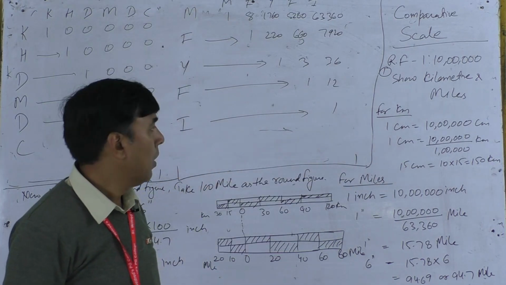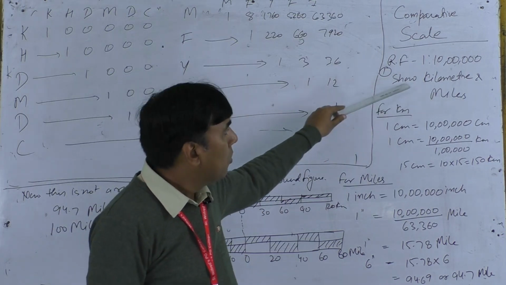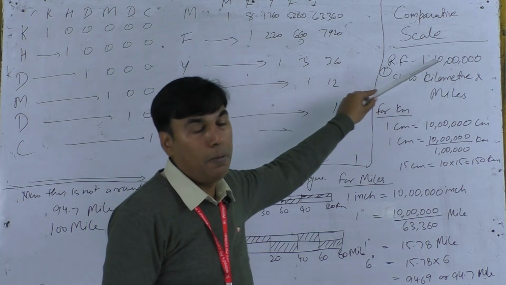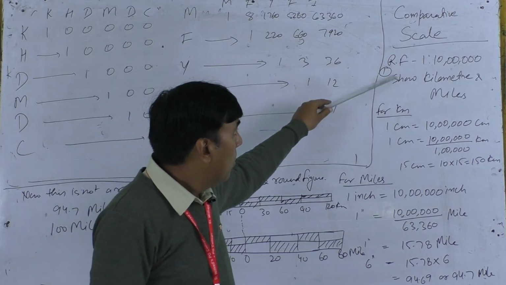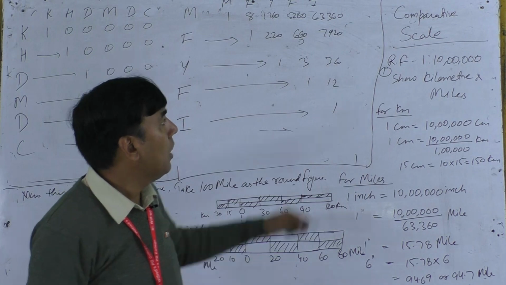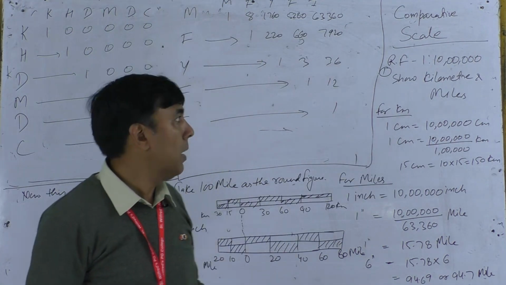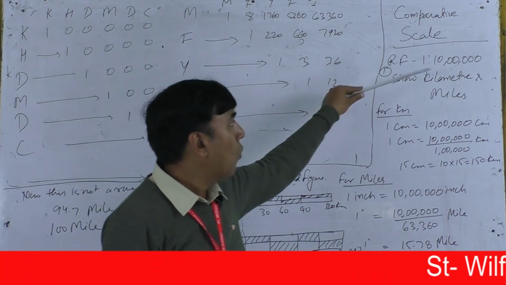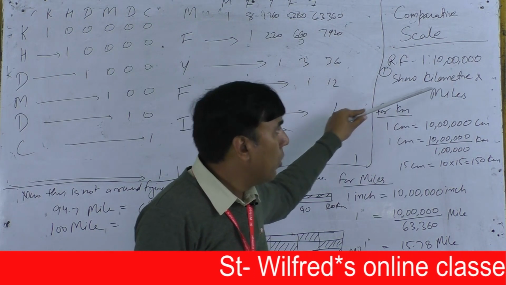Now for miles, because the question is asking to show kilometer and miles in the same RF, the same representative fraction. In a simple scale we were using only 1 RF for 1 unit of measure, but in a comparative scale we are using 1 RF, but we will show 2 units.